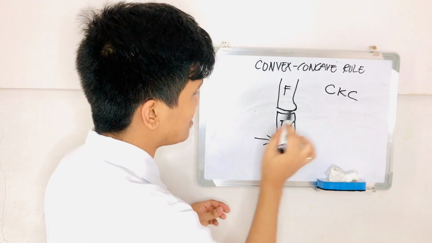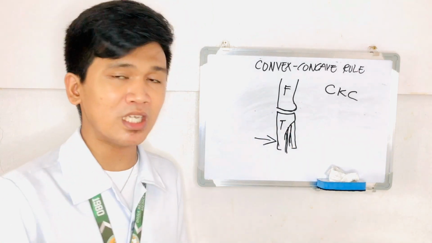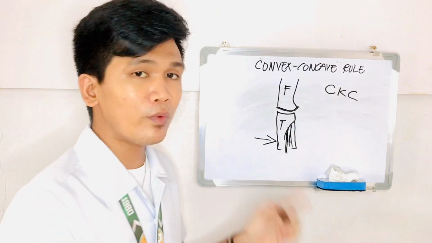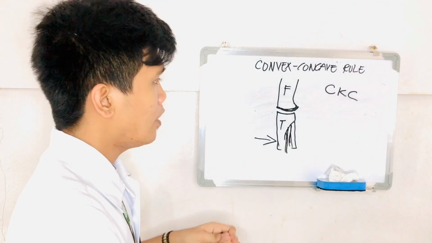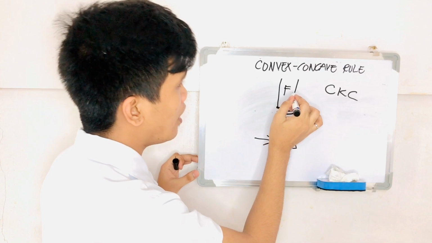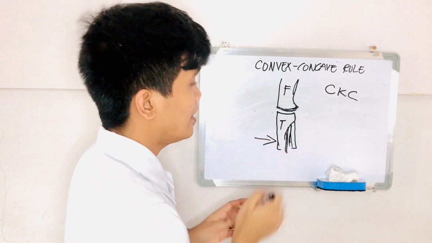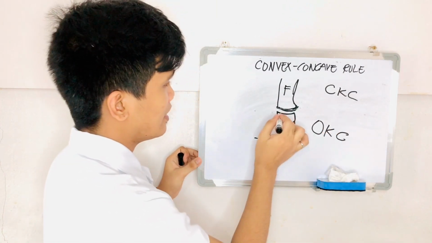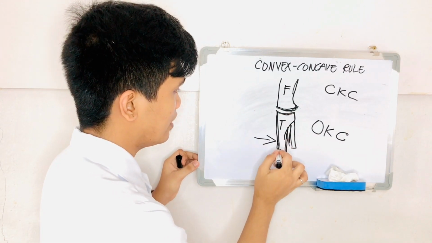If you stabilize the tibia and allow the femur to move into flexion like a squat, what will happen is that this convex femur will glide opposite to the direction of the femoral shaft. So, opposite na siya kasi convex na. Pero kapag OKC, same. Kasi ito ang mag-move, ang concave tibia.